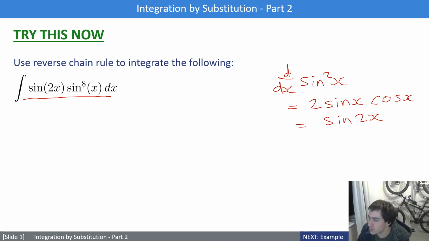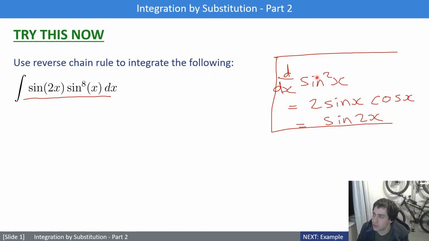So, having potentially noticed this, well, how would you notice this in the first place is a point as well, I suppose. This does look like a function to a power multiplied by a derivative, except for the multiplied by a derivative part. The derivative of sine is definitely not sine 2x.